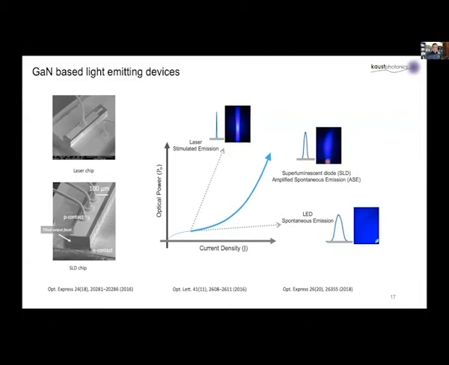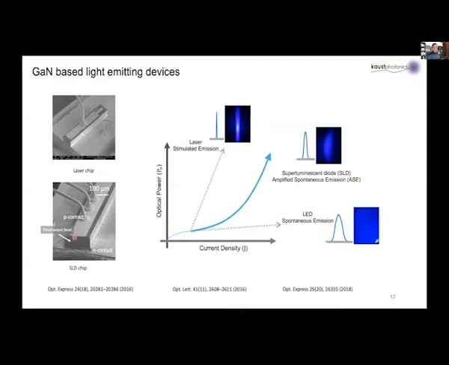In this case, we can get rid of a lot of the speckle pattern, unlike the laser that gives a lot of speckle patterns, with a performance that is in between laser and LED.